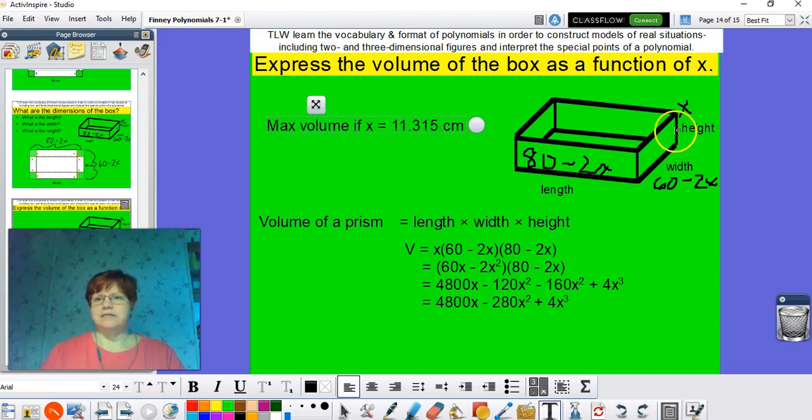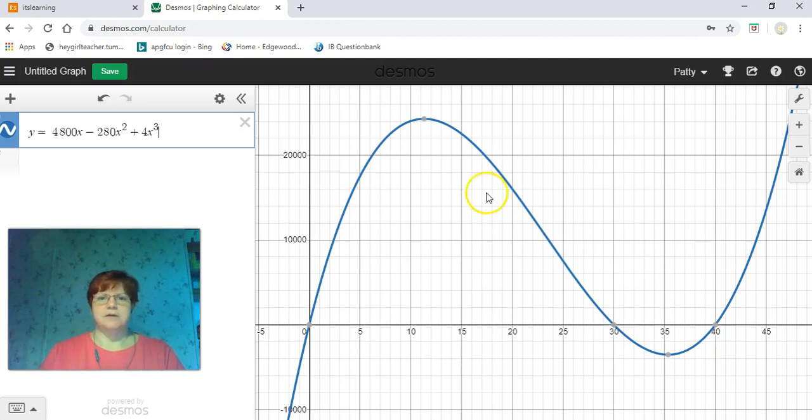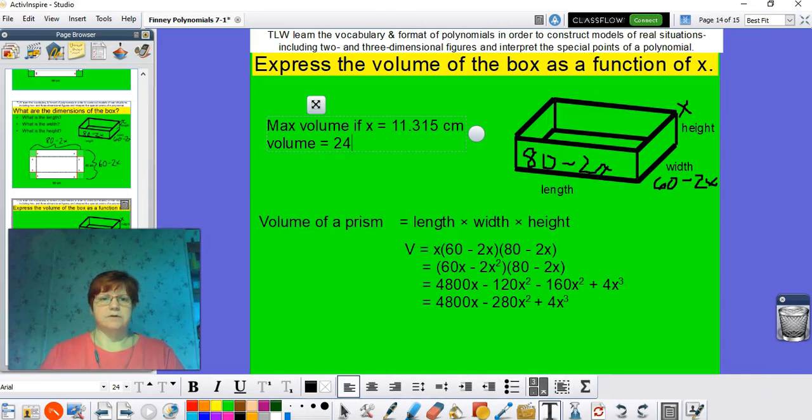And so if this is 11.31 centimeters, then our volume is 24,000, it was 25,000, wasn't it? One of you remembers. 24,258.42 centimeters cubed.